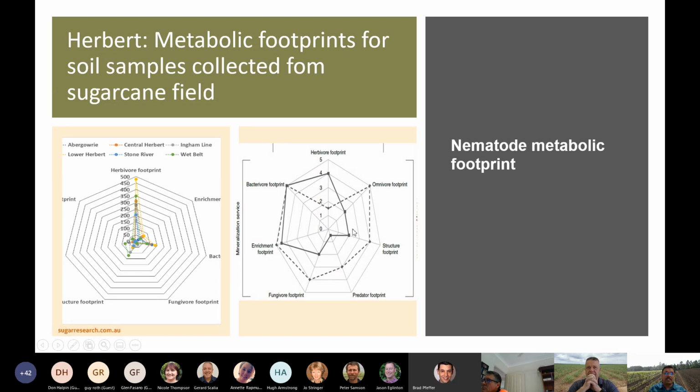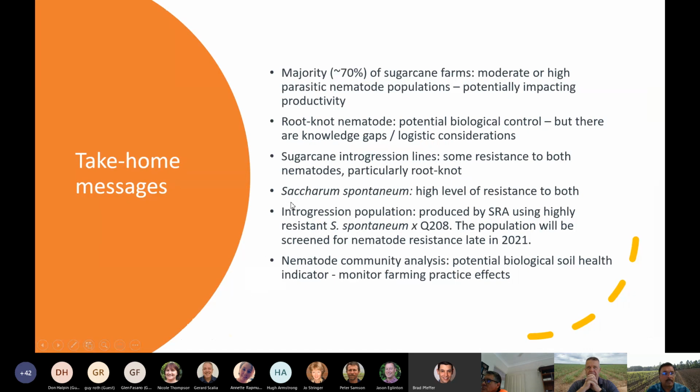If it's a perfect soil, it would look like this: there would be omnivorous nematodes, predator nematodes, and fungivorous nematodes, so there would be much more balance. But in our case, the soil is stressed, and it has lots of parasitic nematodes. So what is the take-home message for us?